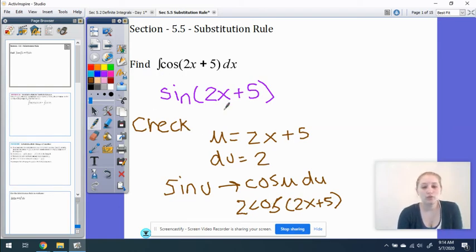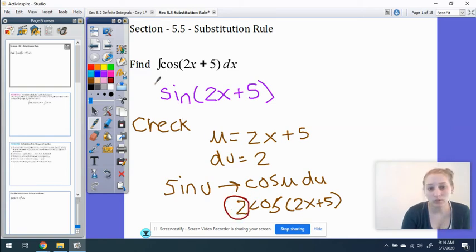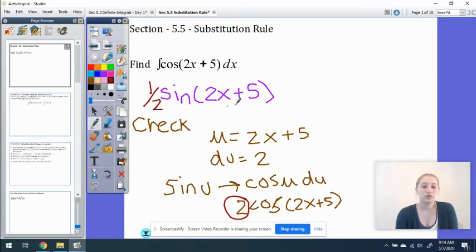So what do I need to add to this purple equation to make it be cosine of 2x plus 5 when I take the derivative? What we're looking for is to see what's different. So I had a 2 in the front here. In order to get rid of that 2, I'm going to think about the opposite of that. So that's going to be 1/2. Now if you were to take the derivative of this, the 1/2 and the 2 would cancel each other out, and you would end up with this for your derivative.